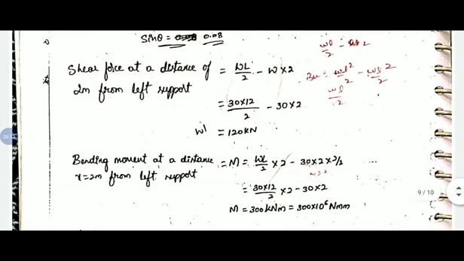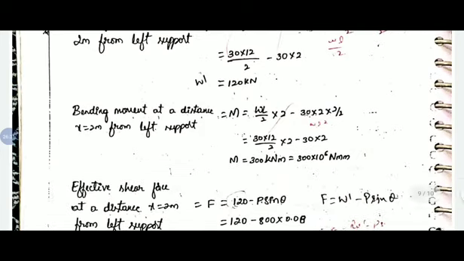Now bending moment at the distance of 2 meter from the left support with respect to dead load and live load: WL by 2 into 2 minus W into 2 into 2 by 2 for UDL. So we will get 300 kilonewton meter as the moment with respect to dead load and live load at that particular 2 meter section from the left support.